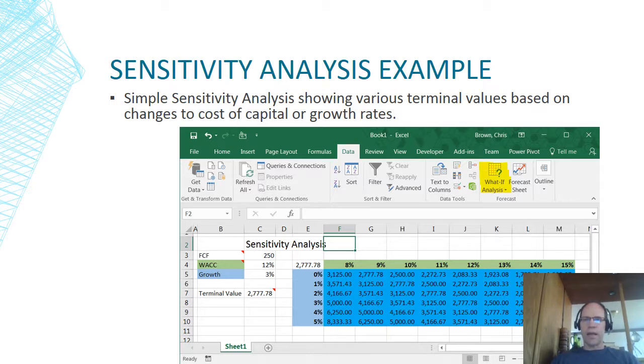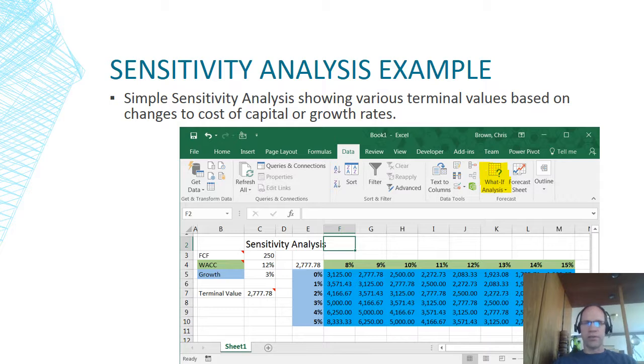You go to the what-if analysis and you go to the data table piece of that, and then you plug in for the first piece of information that it references this cell, and the second piece of information references the growth, and then it knows what to do with it from there, and it runs the calculations and shows you the impact of what if my cost of capital changes, what if my growth changes.